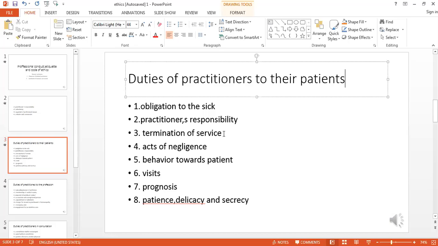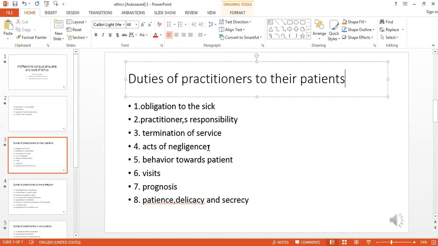Next is the act of negligence. No homeopathic practitioner shall commit any act of negligence that may deprive his patient of necessary medicinal care. So he should not neglect the patient. He should give proper medicinal care to the patient.